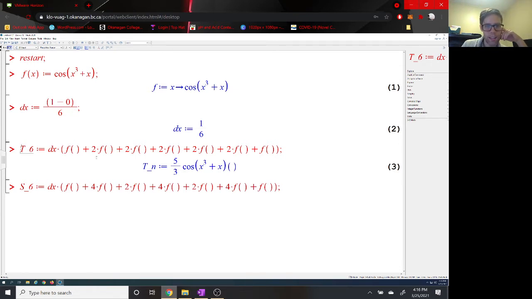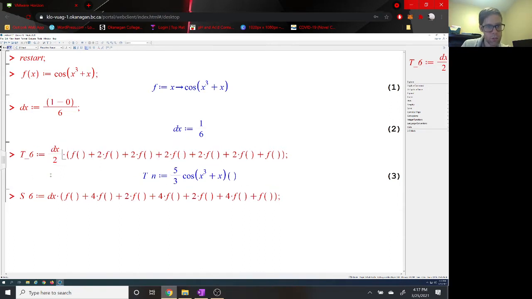I've just called it T6 to represent that I'm using a capital T for the trapezoid rule, and this _6 here representing the idea that we have 6 subintervals that we're working with. I do need to multiply by dx over 2. So at the front, I need delta x over 2. And then I can start filling in those numbers that I know go inside of my function. So I need to evaluate f at 1.